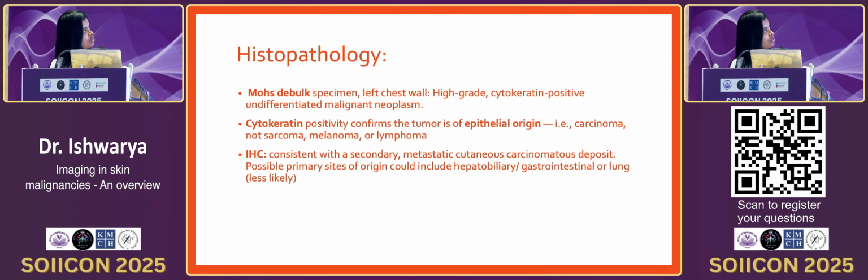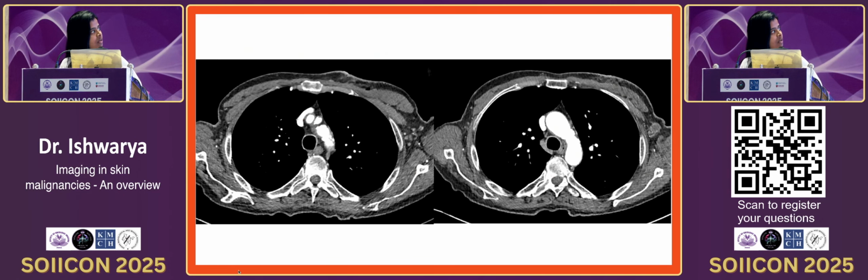The histopathology further came with immunohistochemistry, which says that the possible primary site could include hepatobiliary or gastrointestinal origin and less likely lung. And so that's the left anterior chest wall resection site and left axillary nodal metastasis.